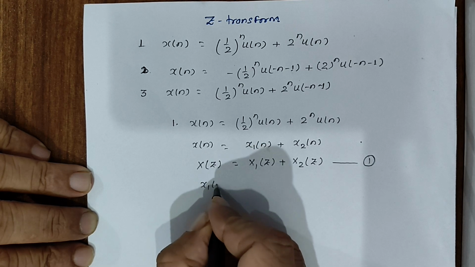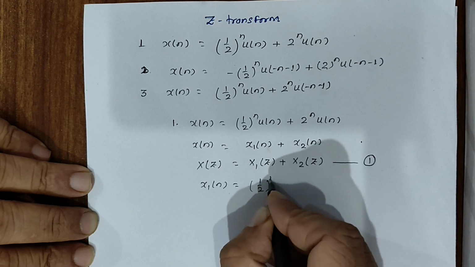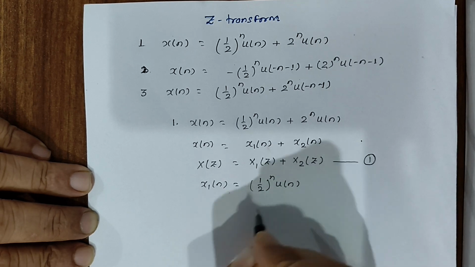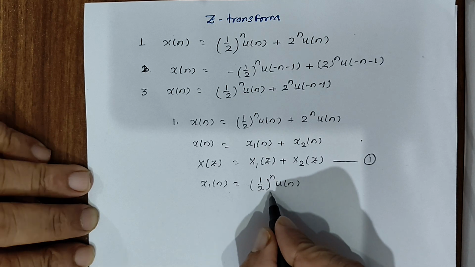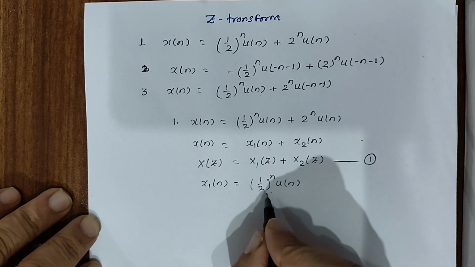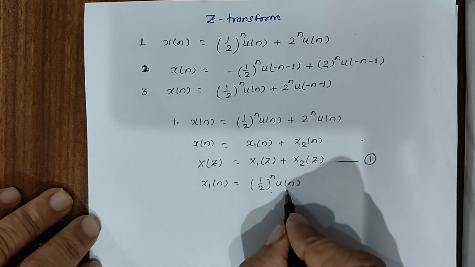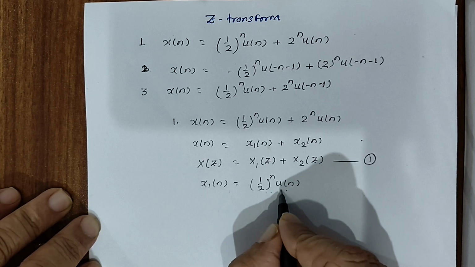X1 of n is given as (1/2)^n u of n. This discrete time sequence is a causal sequence, because (1/2)^n is multiplied with u of n, and u of n exists for n greater than or equal to 0.